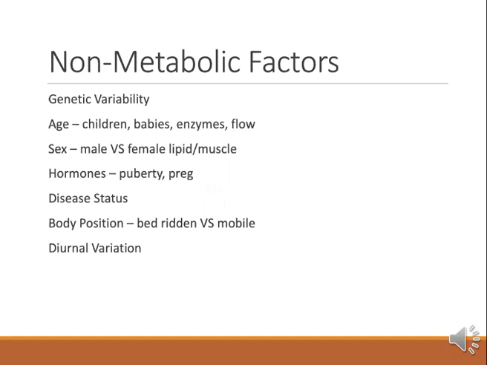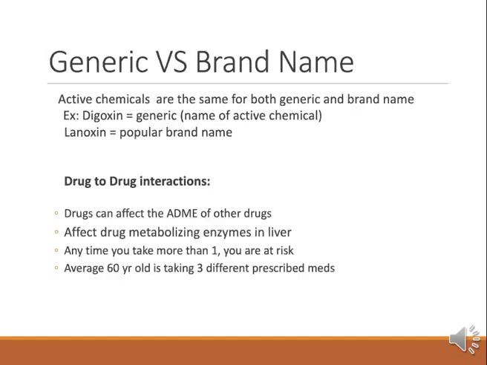Body position, sometimes the way that the drug is distributed and metabolized can be affected by whether the patients are just laying down all the time, or they are bedridden, versus a patient who is mobile. And diurnal variations are also things to consider, right? So what are the counts in the morning versus the evenings?